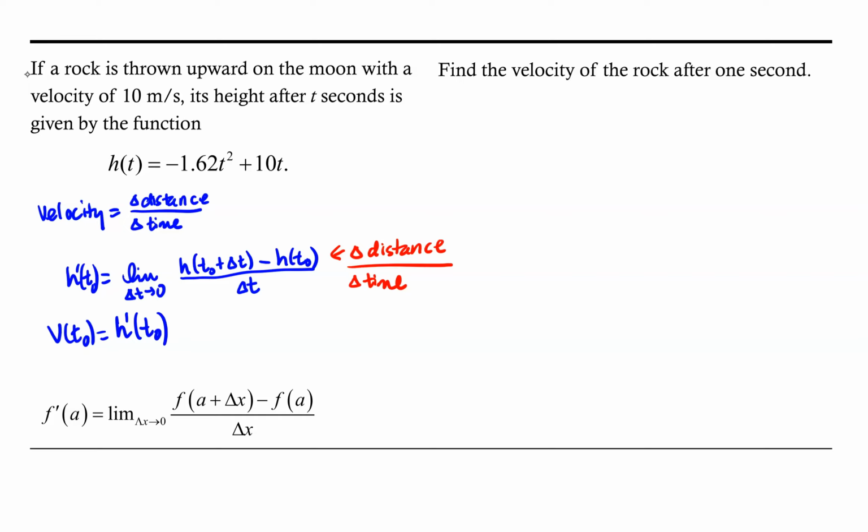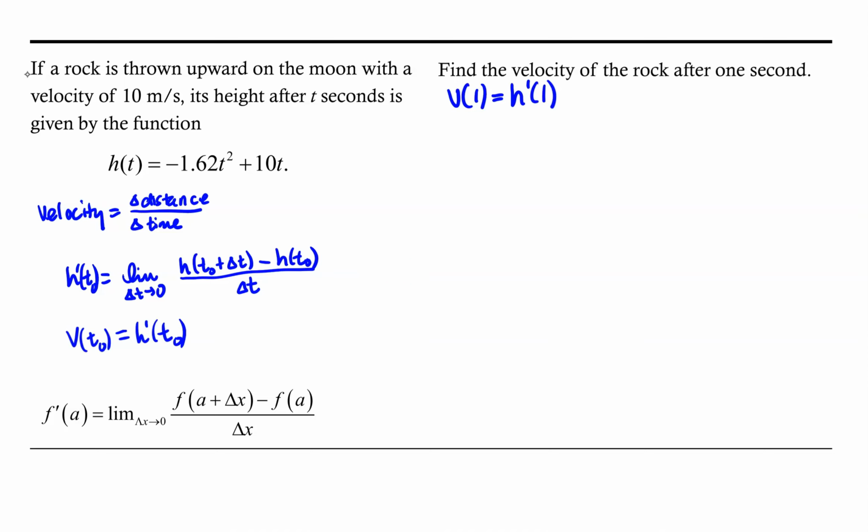So when we're asked to find the velocity of the rock after 1 second, our velocity after 1 second is going to be the same as h prime at 1.